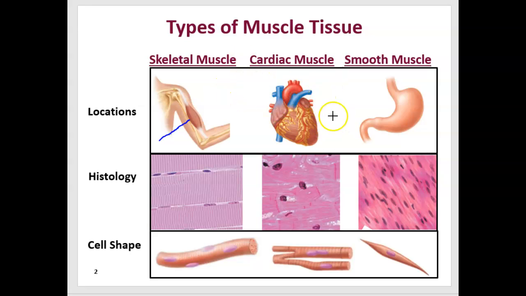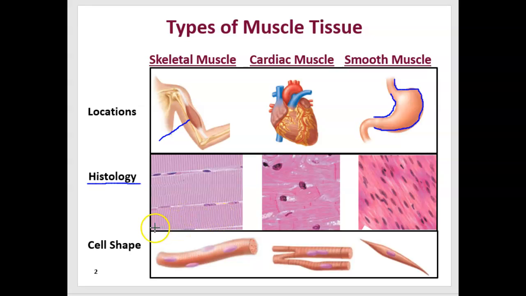Cardiac muscle is, of course, only found in the heart. And smooth muscle is found in a variety of locations. This particular picture is meant to illustrate the fact that smooth muscle can be found in the wall of hollow organs, like the stomach that I just outlined there. We've already talked about what these different tissue types look like under the microscope.